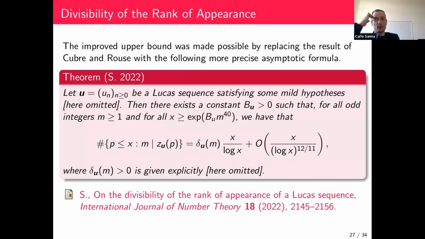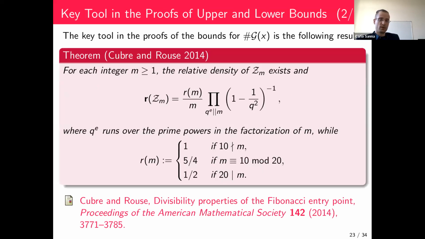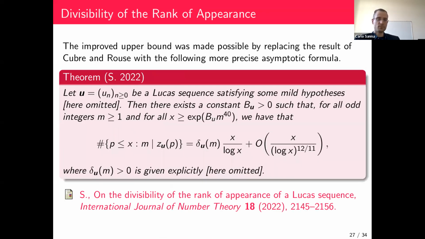How did we do that? The trick is that instead of using the result of Kubre and Rose, the one for the relative density of the sets Z sub m, we used a more precise version, which is given in this paper of mine. First, it is a version for essentially general Lucas sequences. There are some mild hypotheses, but essentially for Lucas sequences, not only for Fibonacci numbers.